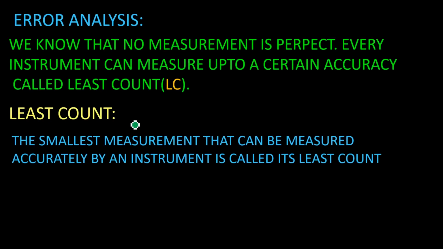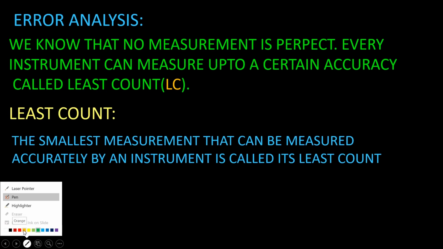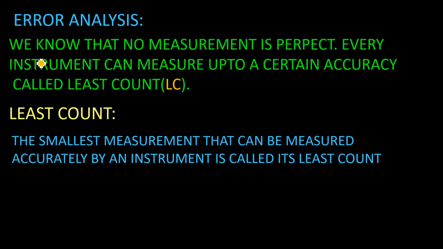The next topic is error analysis. We know that no measurement is perfect. You measure with a scale, a screw gauge, vernier calipers, or any instrument, no measurement is perfect.